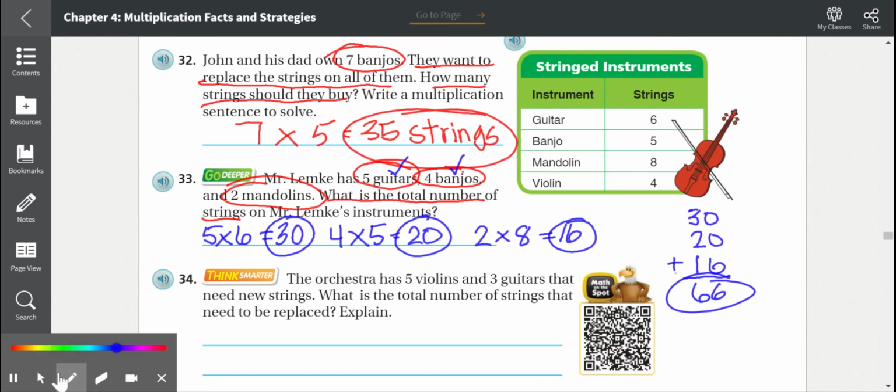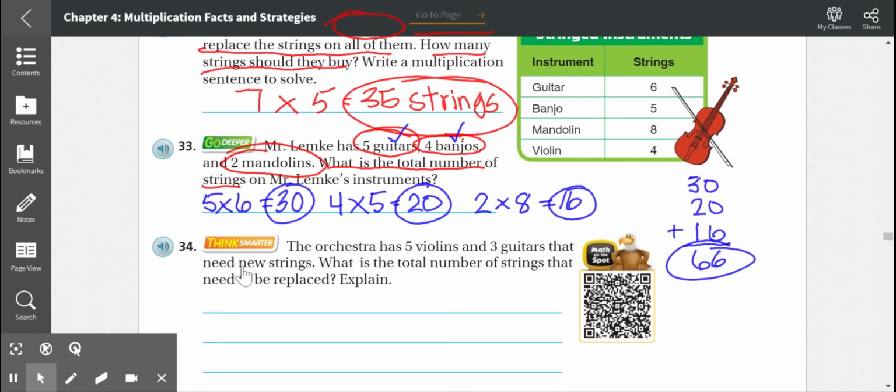All right. Let's do 2 more, number 34, and then we'll do 36. The orchestra has 5 violins and 3 guitars that need new strings.